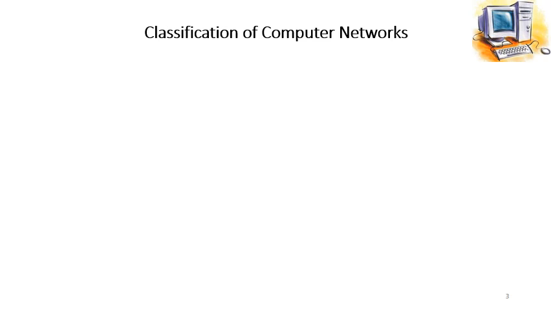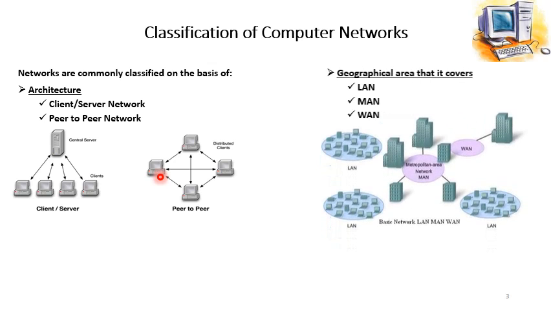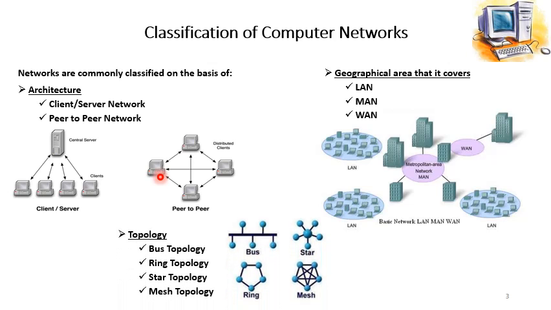Now, in today's lecture, we will see how computer networks can be classified. Networks are commonly classified on the basis of architecture, second on the basis of the geographical area that it covers, and on the basis of the physical arrangement of nodes inside a network.